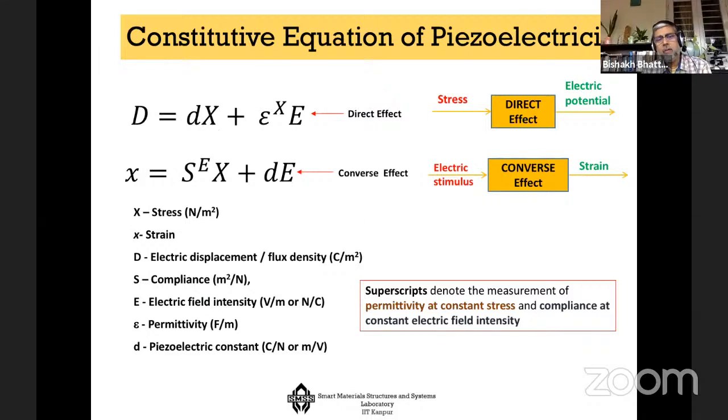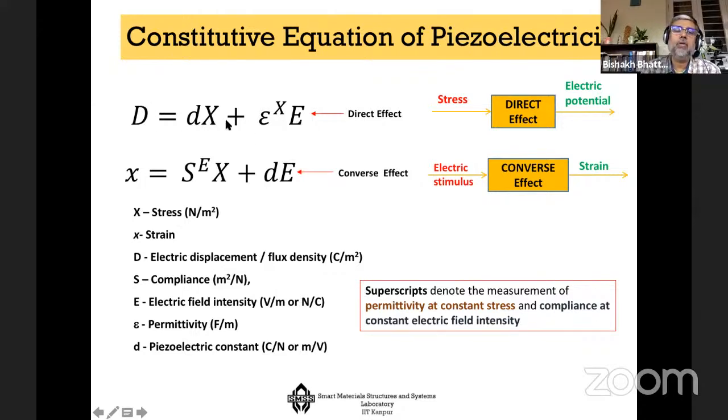Now, the constitutive relationship, I will not go very deep into the mathematics, but I just want to tell you about the direct and the reverse or the converse effect. As you can see, in the direct effect, the electric field can create charges.